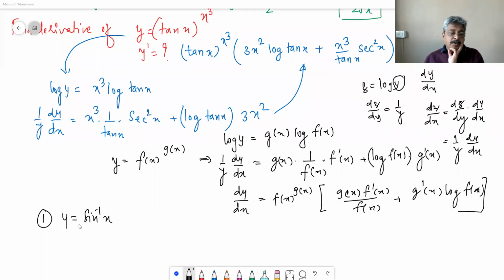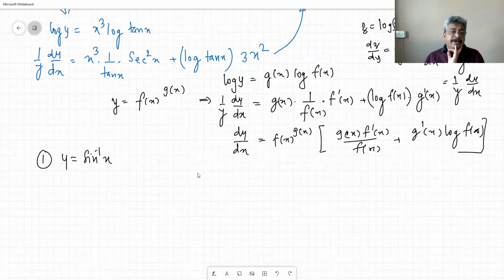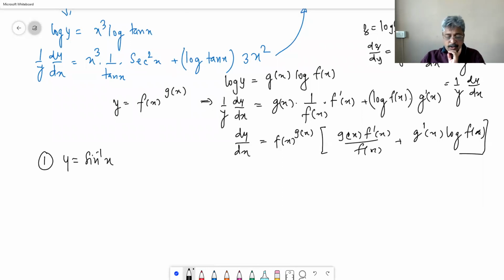Okay, so before actually solving this y is equal to sine inverse x, let me write down the theorem for the derivative of an inverse function in general. We will try to prove that and then use that theorem for getting the derivatives of all inverse functions.